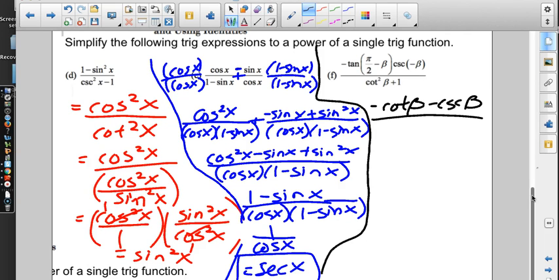Cotangent squared beta plus, wait a minute. Cotangent squared beta plus 1. Check your Pythagorean identities. Doesn't that equal something? Cotangent squared beta plus 1 equals what? Cosecant squared beta. So these two negatives will make a positive.